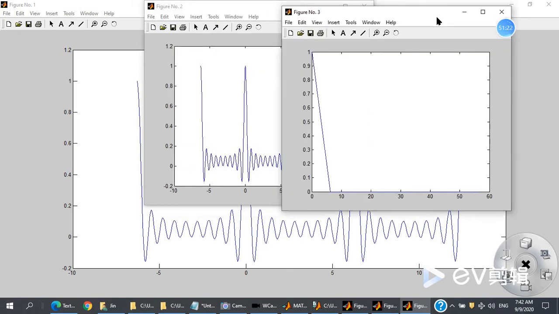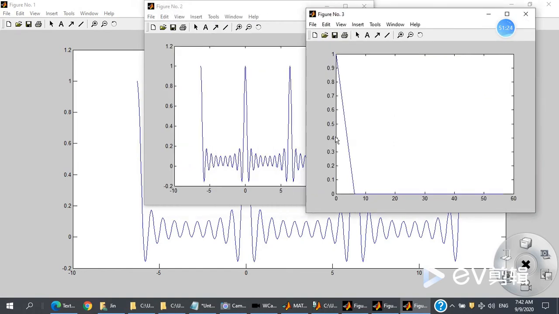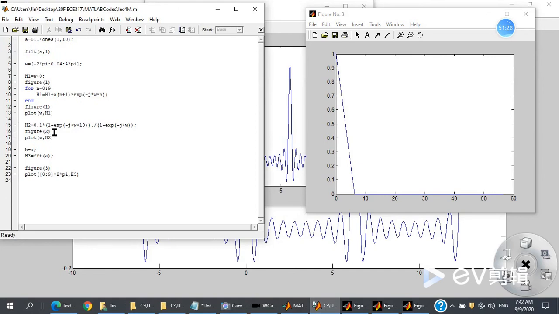So are they the same? Now I can put them together. In figure 2 I have this one, and I have figure 1, so I can hold figure 1. Hold figure 2. Hold on.